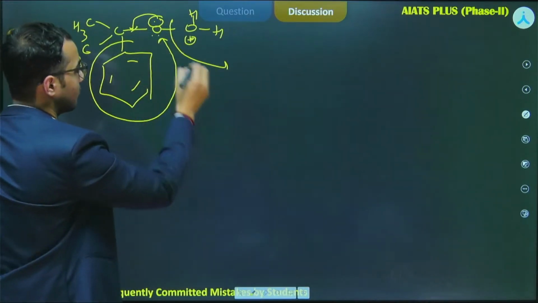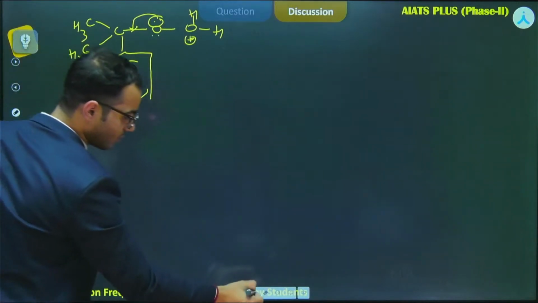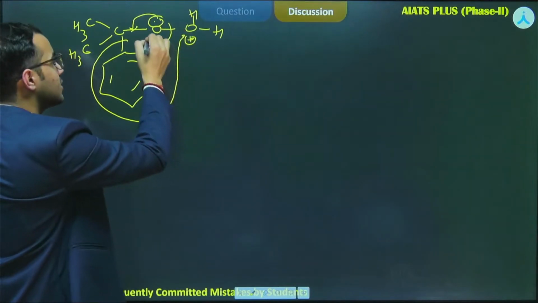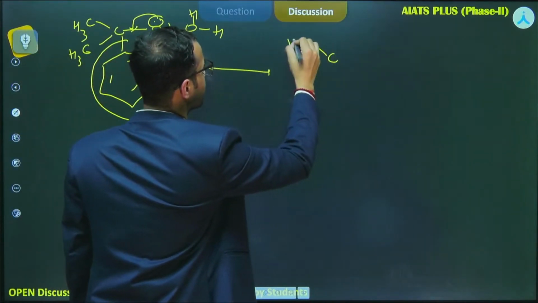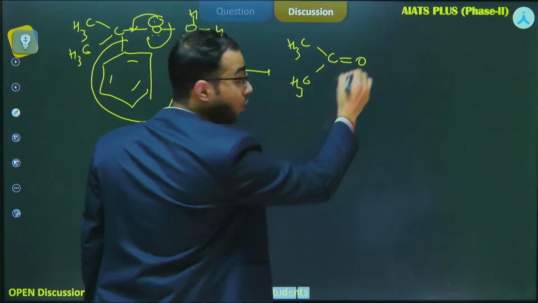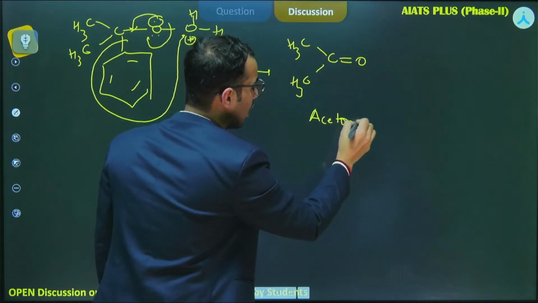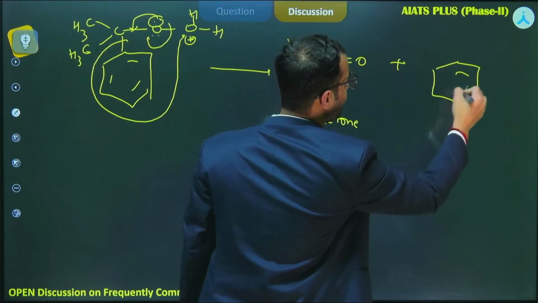This will shift to this position and move this to this, and you will get CH3 double bond O, one of the products, the acetone, along with a phenol.